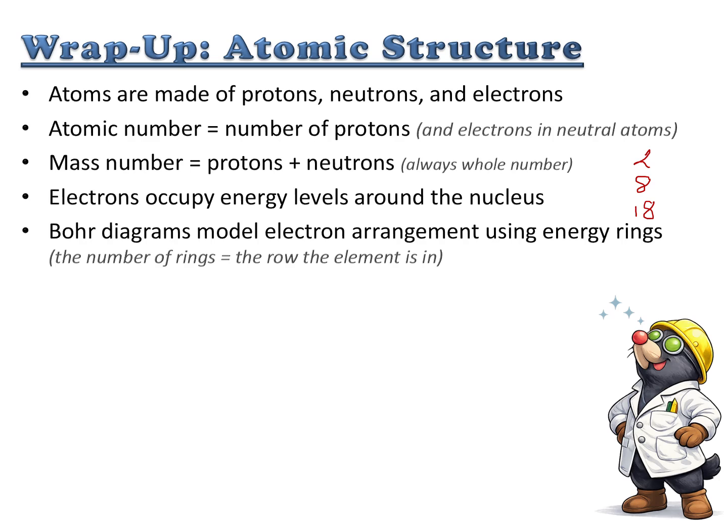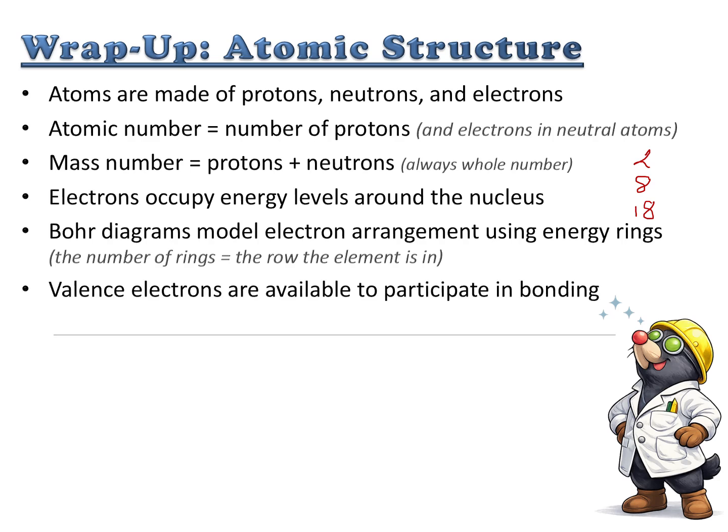And remember, one of the quick ways you can tell how many energy levels you're going to have is that the number of rings is going to be equal to the row the element is in. So if you were talking about, let's see, I don't have a periodic table in front of me. Something that's in the third row, it's going to have 3 rings.